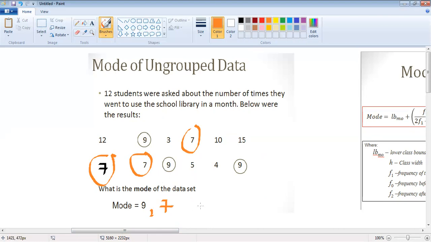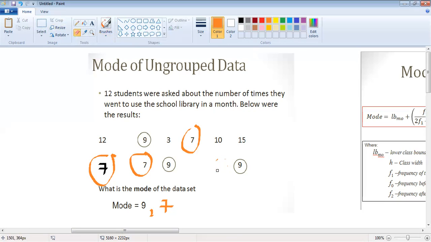So in case that I have another data that appears 3 times, let's say I have changed this one to 15. I will also change another one.